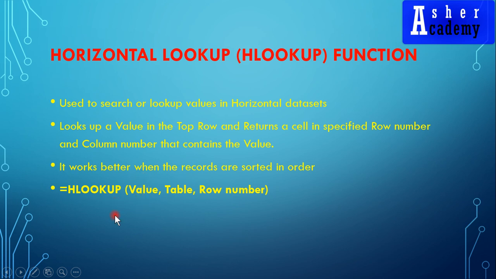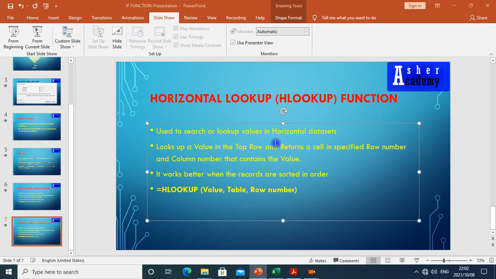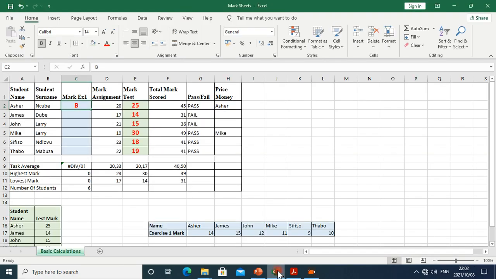It takes the value that you want to search for, the table that you are searching from, as well as the row number from which your answer is going to come from, the value that you want to be your answer. This is the HLOOKUP. Let's now jump into our Excel and see how this works.